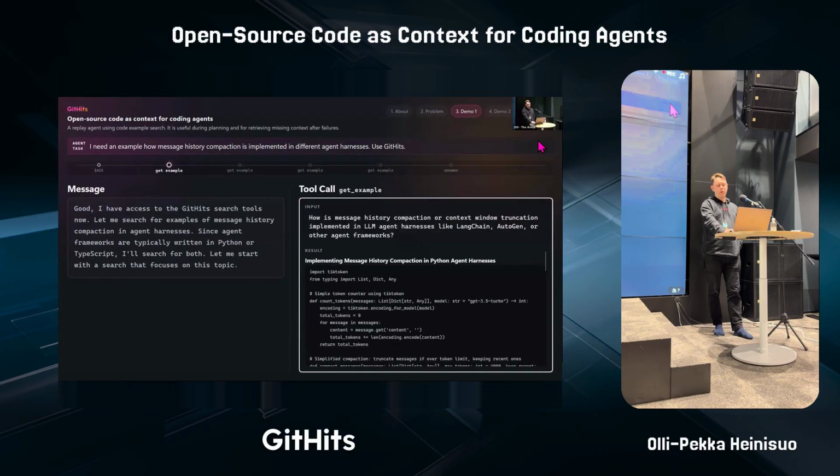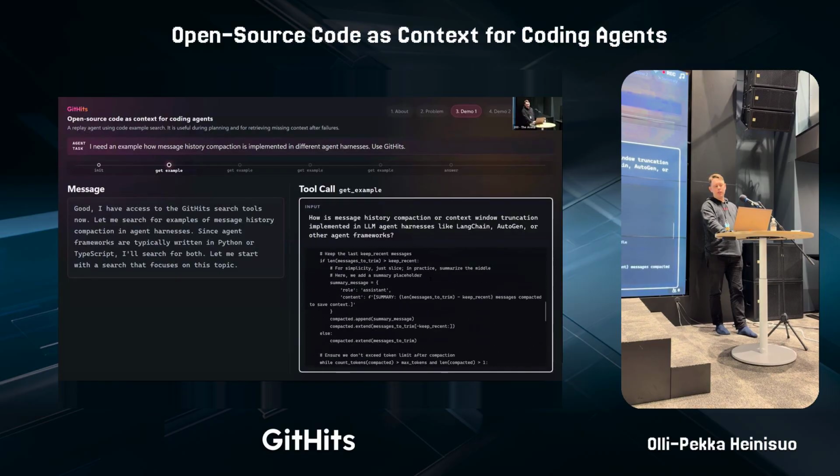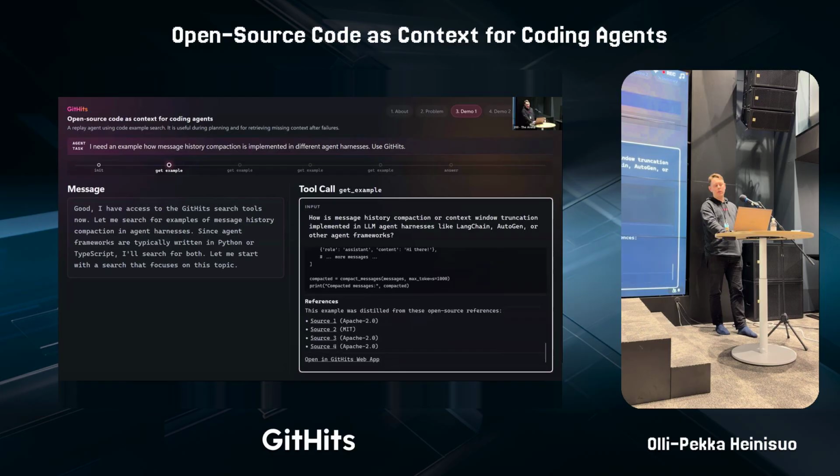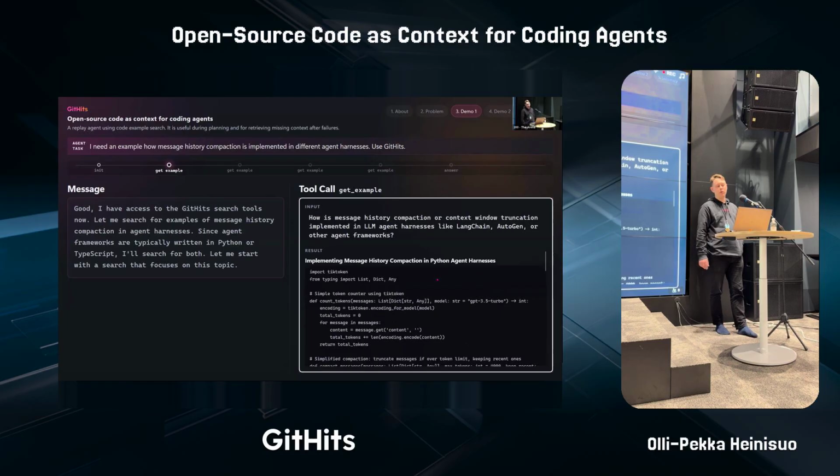If we go to the first step, it wanted to look at how LangChain, AutoChain, or some other framework implements compaction. GitHits returns this example and the sources it used. We could click here and go to the sources directly. We return the licenses here, and if you want to look at the example in the web app, you can open it here. But this is what the agent sees when it calls the example tool.